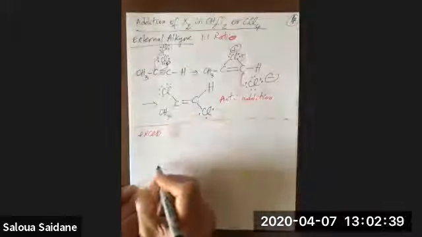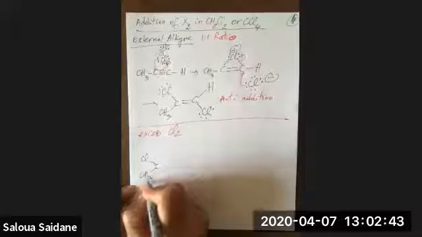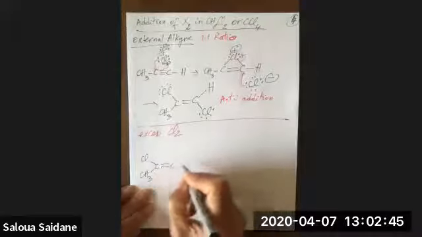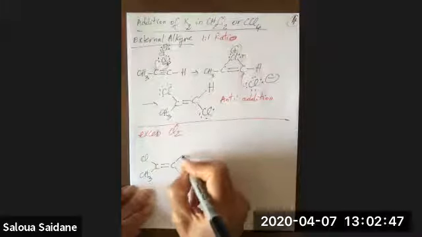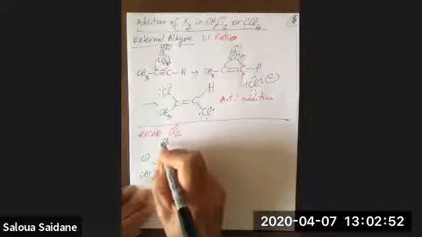So we're going to have C, Cl, CH3, C, Cl, H. And just like the previous scenario, we're going to have the chloronium ion.